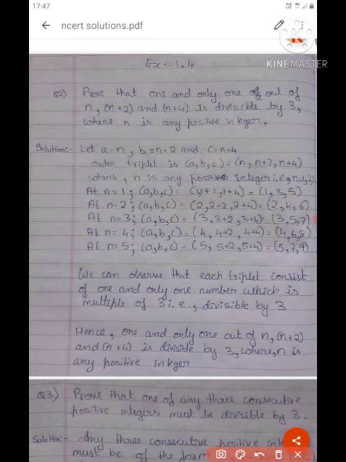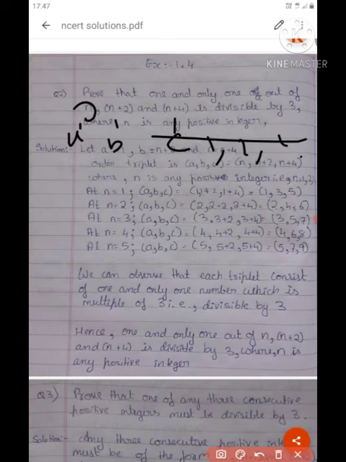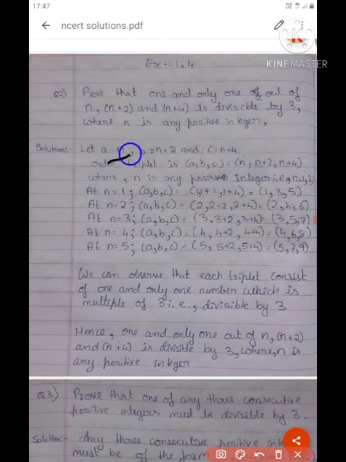Now, let a be n, b be n plus 2, c be n plus 4. Right? Now, they are saying n is a positive integer, means n can be 1, 2, 3, and so on. So we'll substitute n over here.